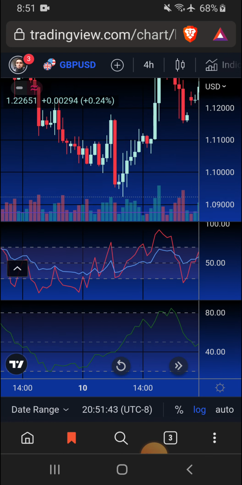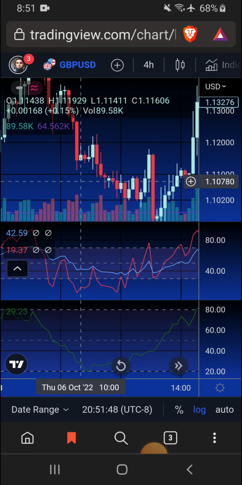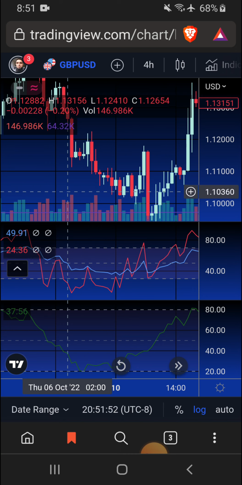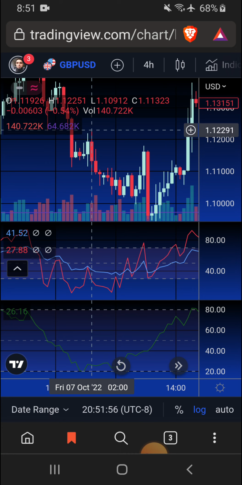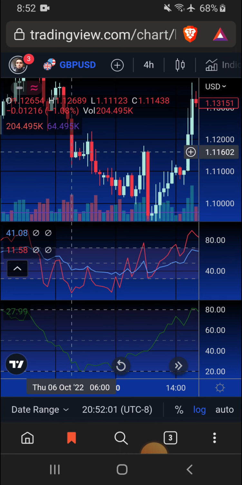In this case, we had it converging. We were below 30 there, had a bit of a move up, of course, right? Not too bad. 100 pips. What is that?